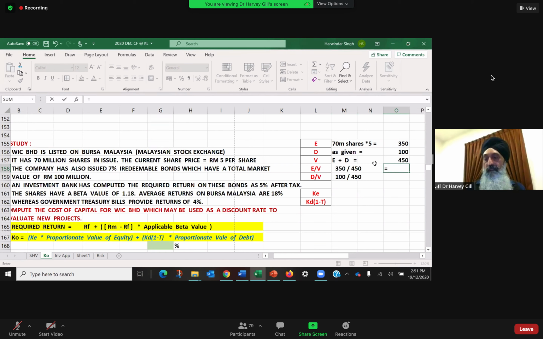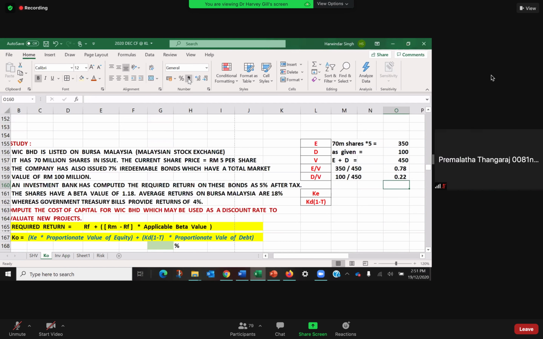That's equal to 350 divided by 450. We get 0.7777, 0.78. Yeah, and those of you who are mathematically inclined, you will know if equity is 0.78 proportion, and therefore bonds must be equal to 1 minus 0.78, the rest of it, which is 0.22. Yeah, you can do it that way too. Or you can do 100 divided by 450.